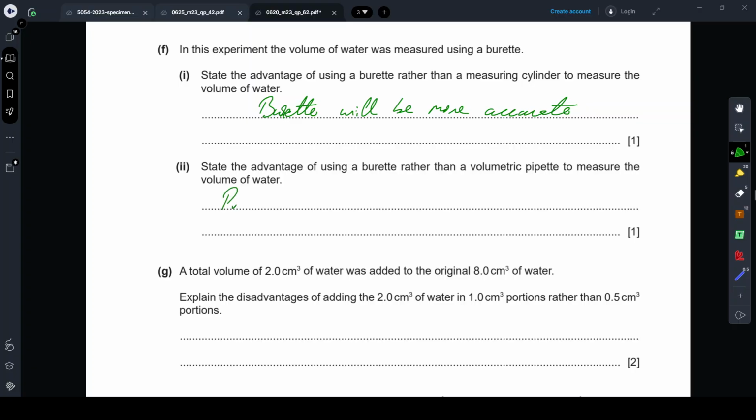Yes, so pipettes have fixed volumes. You can either say that, or you can say that you can add variable volumes using a burette. Or better yet to say, pipettes measure fixed volumes.